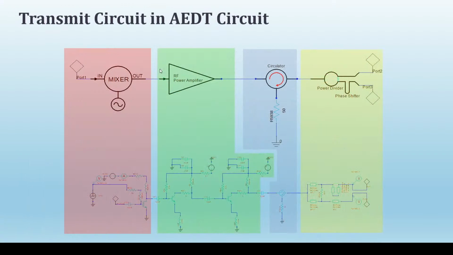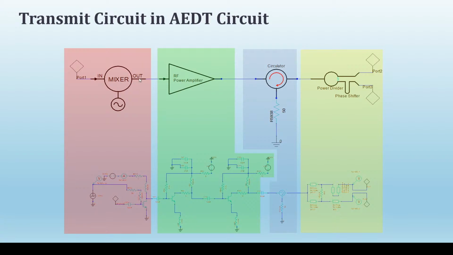Next, so this is a typical transponder circuit. On the top part, you can see we have some blocks. We have the mixer, the RF amplifier, the circulator, the power divider, phase shifter, etc. And these are the ideal blocks that you can find in our circuit tool.